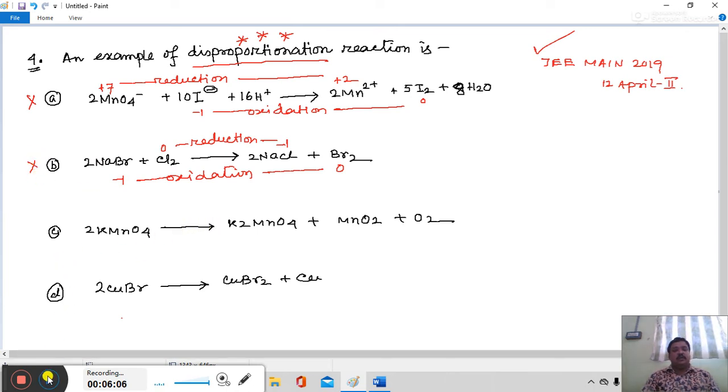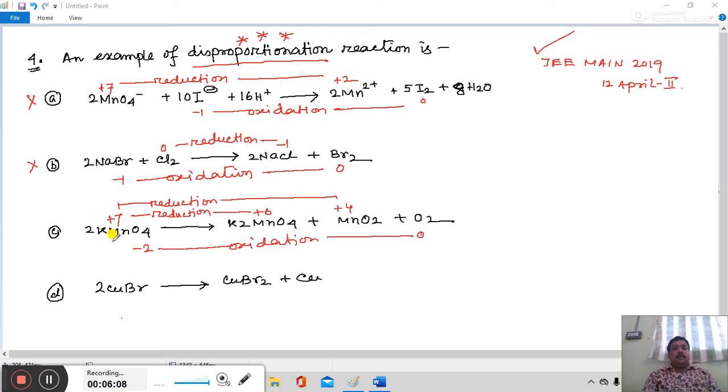In equation C, the manganese atom undergoes reduction from +7 to +6 state and +7 to +4 state, and the oxygen atom undergoes oxidation from -2 to 0 state. So equation C is not an example of a disproportionation reaction.